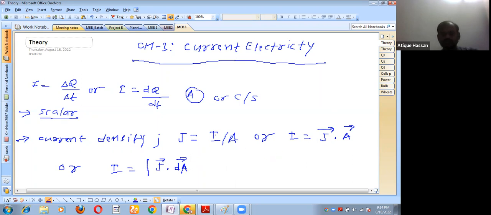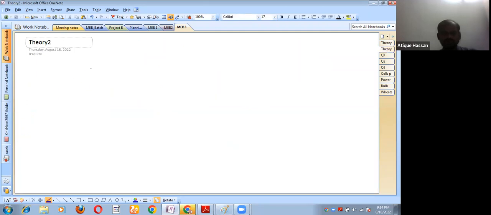Or also in terms of drift velocity, we all have a basic idea of drift velocity. So in terms of drift velocity, we can also write J is equal to n e vd, where vd is the drift velocity.